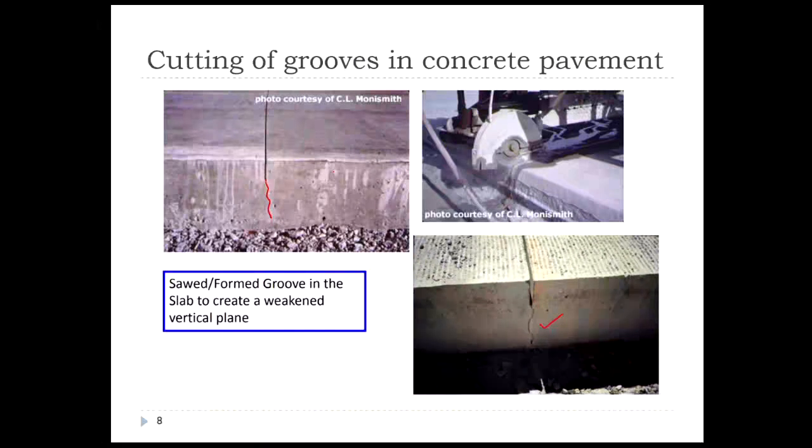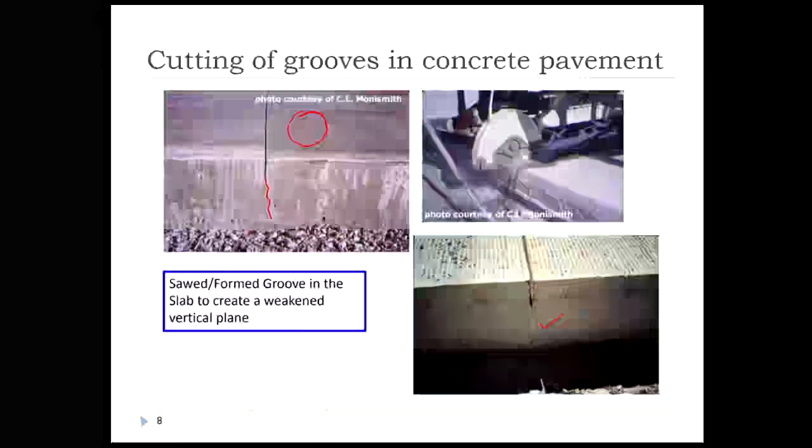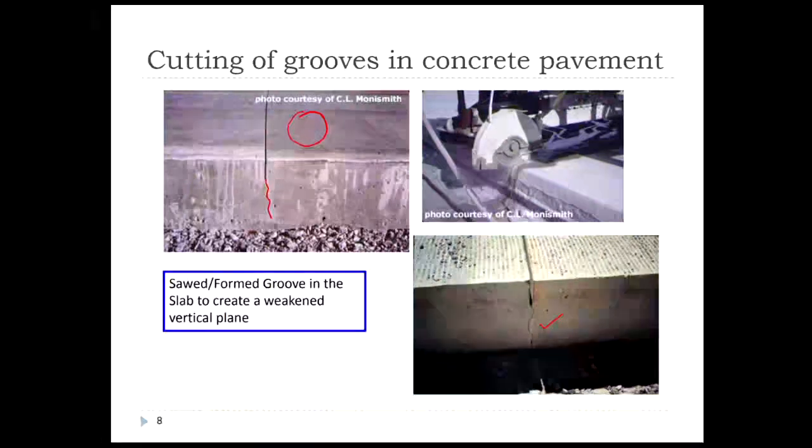So basically, when a load is coming on this particular panel, the load is shared to the next panel by means of aggregate interlocking. So you find an irregular surface here. This irregular surface will actually result in what is referred to as aggregate interlocking. So the load that is coming to this panel is shared by the next panel by means of aggregate interlocking.